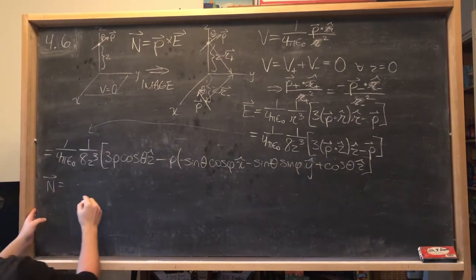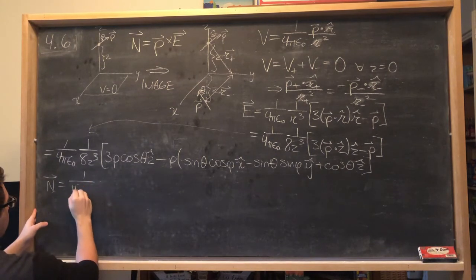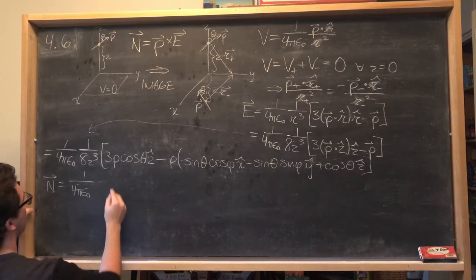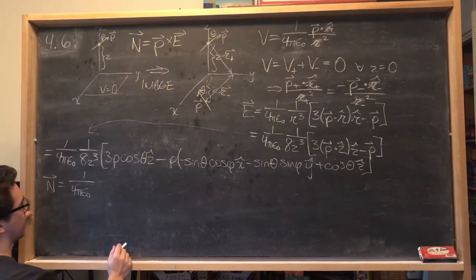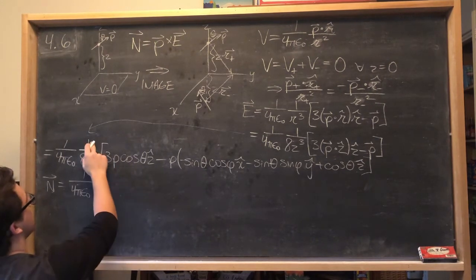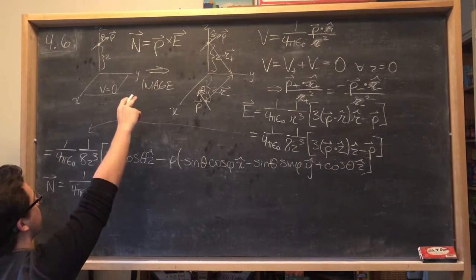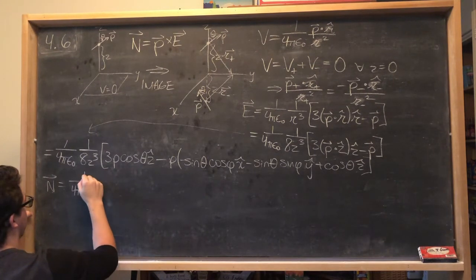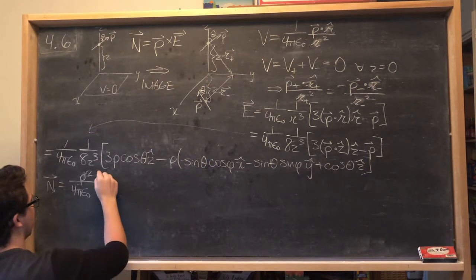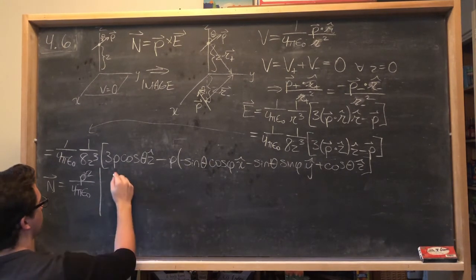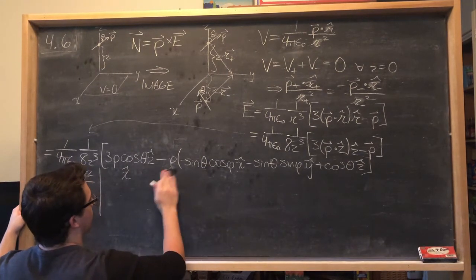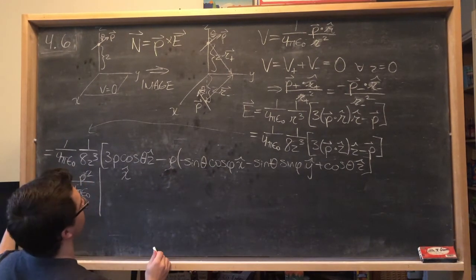So equals 1 over 4 pi epsilon naught times, and so then we have a p term here, which we can take out, and we'll also have a p from our other dipole moment, so we can take out a p squared here. And then what we can do is x hat, y hat, z hat. Well, let's just take this one step at a time.